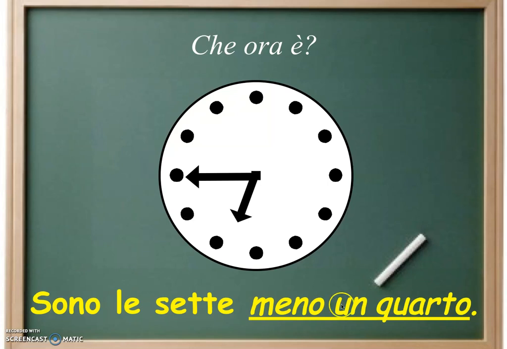Why do we use the meno rule? Because 6:45 is closer to 7 than it is to 6. At 7 o'clock, how many minutes would I have to subtract to get to 6:45? Un quarto. Okay, so this answer is, it is 6:45.